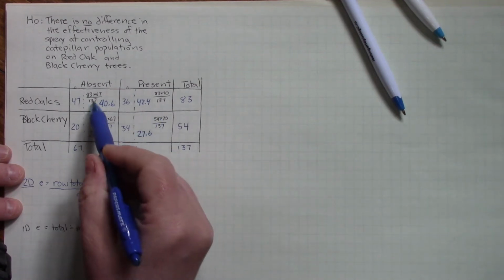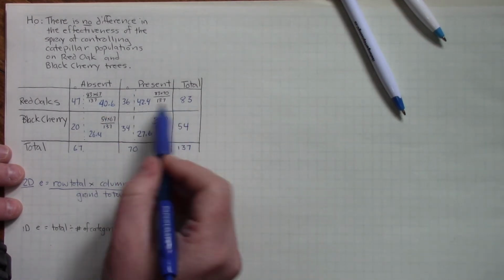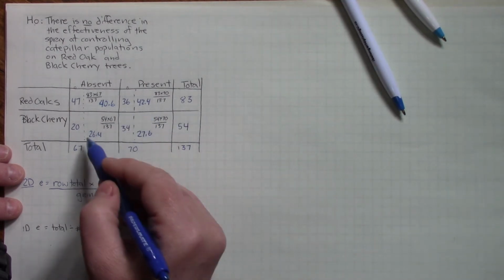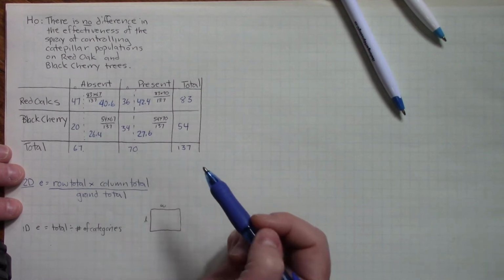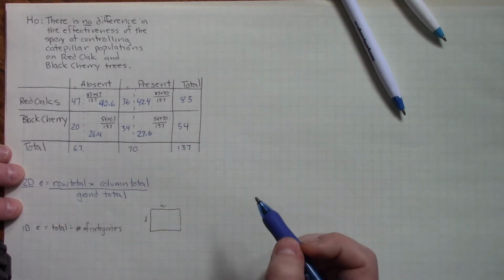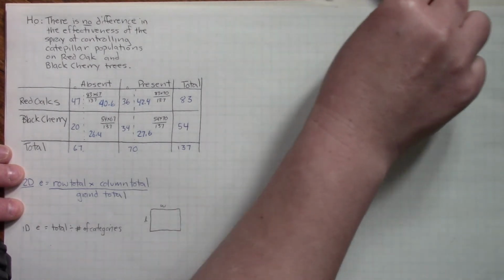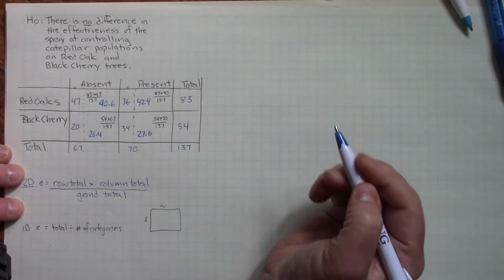So that's important. They're sharing those rows and columns, so the totals still add up. So when you round, you have to be cognizant of those rounding numbers. So now we have our observed and expected values. We can put them into our equation.